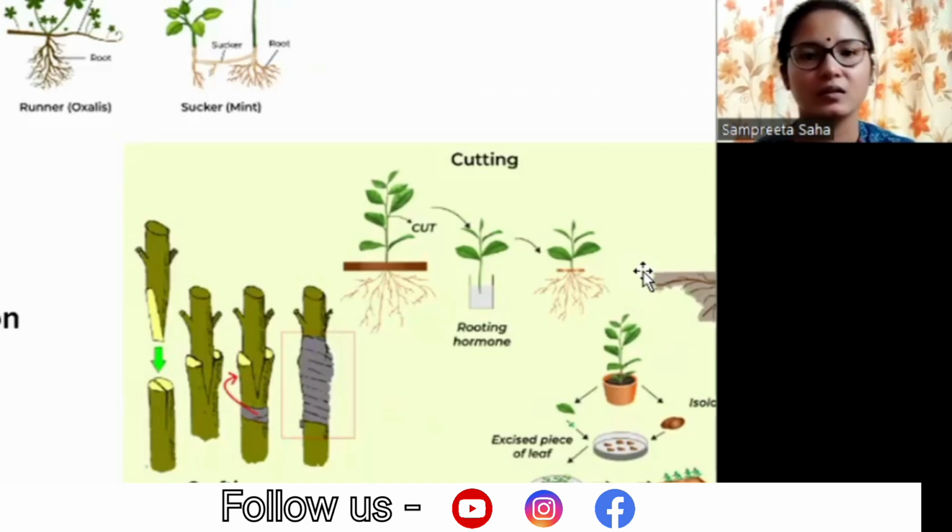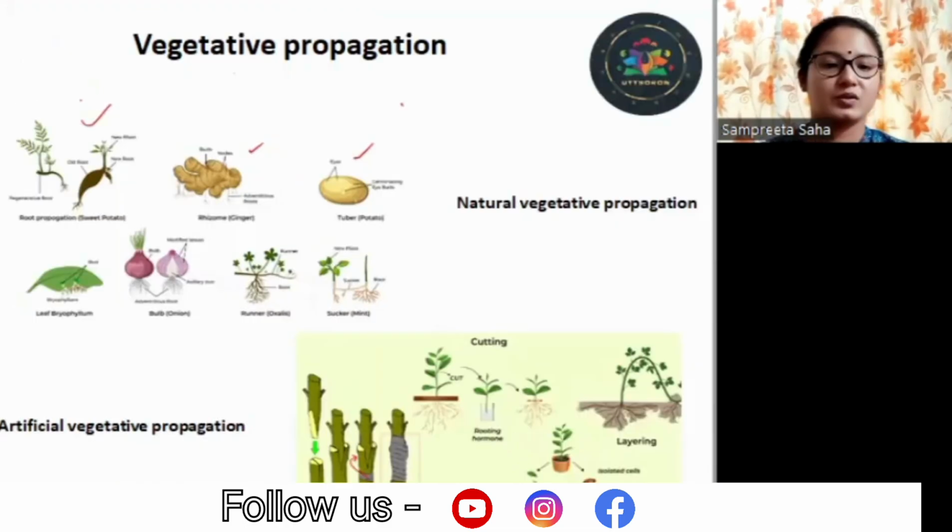We simply put it in the soil separately until the roots arise, or maybe sometimes we wrap a moist cloth and wait till the roots arise, and when it comes, we place it in the pot. So here we are not using the seeds of the plant to form another individual plant. We are using other parts like stem, twigs, and other vegetative propagations that we have. And vegetative propagation is a mode of asexual reproduction exhibited by plants.